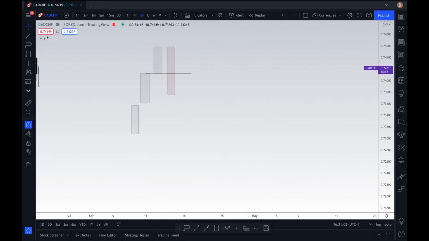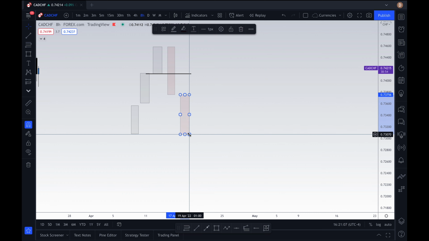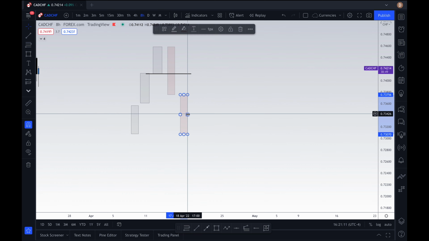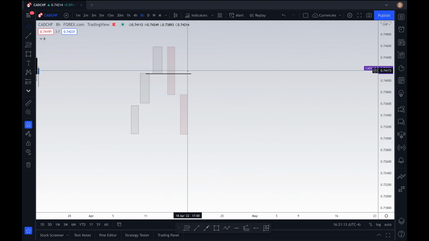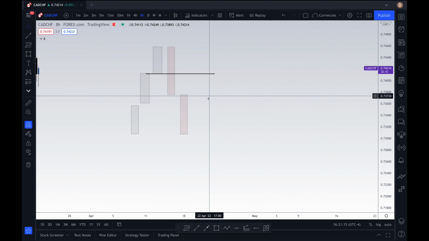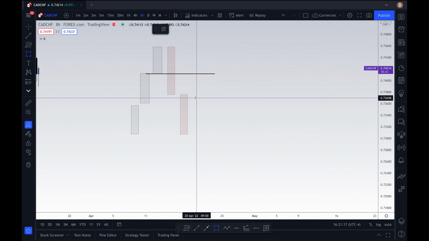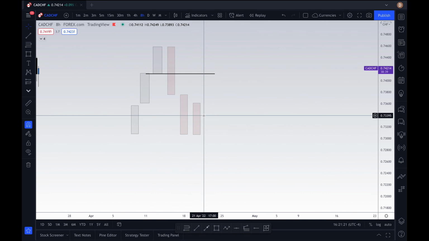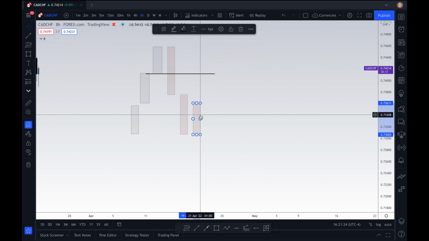Because now what we want to see, for further validation, is price continue to shoot down. So price continues to come down, go bearish. The next thing we're looking for is a reversal from here of up candles.